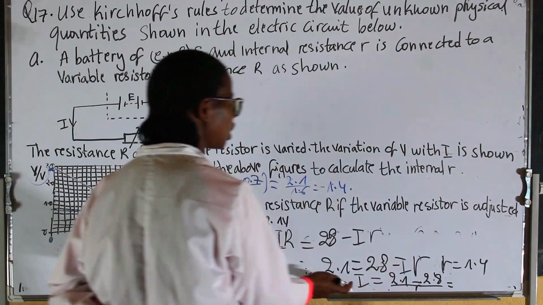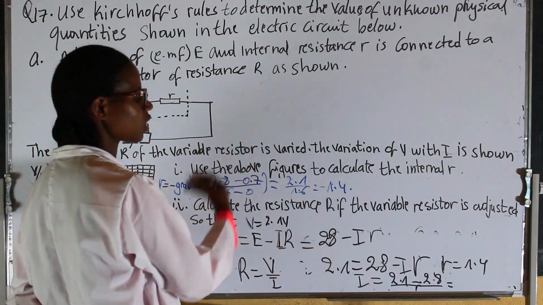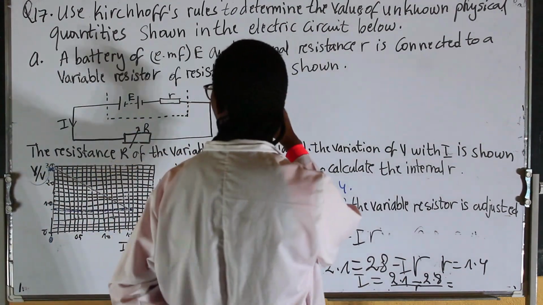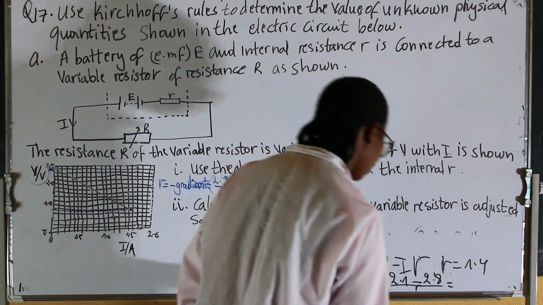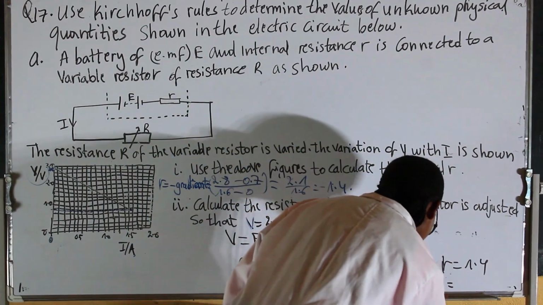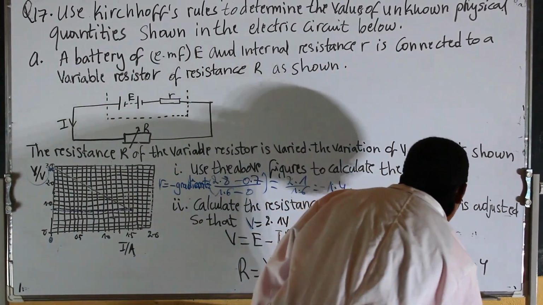This means that the current is moving in the opposite direction to the electromotive force.